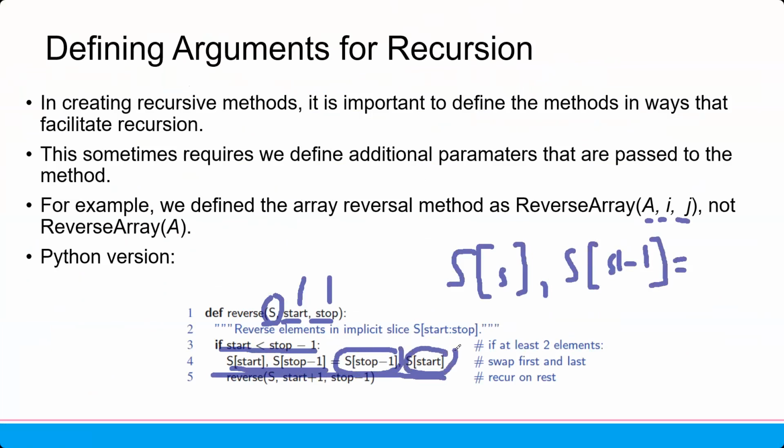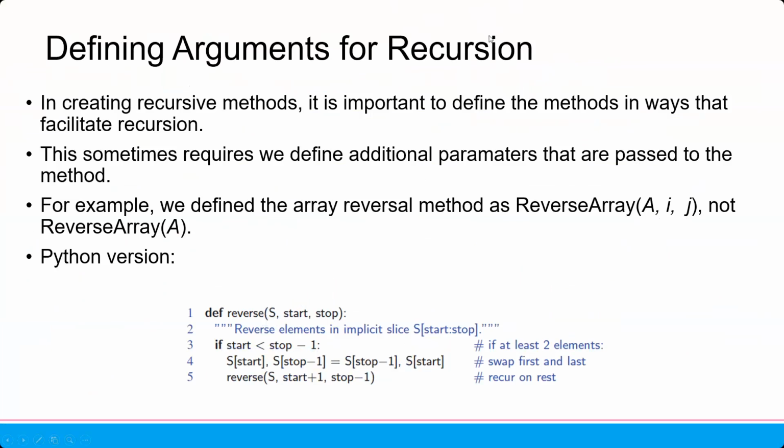So it is the swapping procedure. Once this is swapped, let's do the reverse again by calling S, start plus 1 and stop minus 1. So this is the recursion.